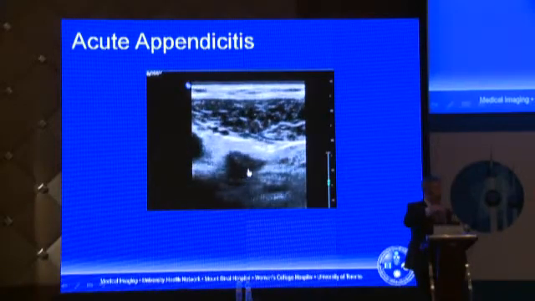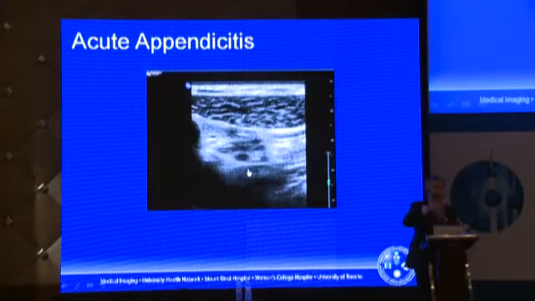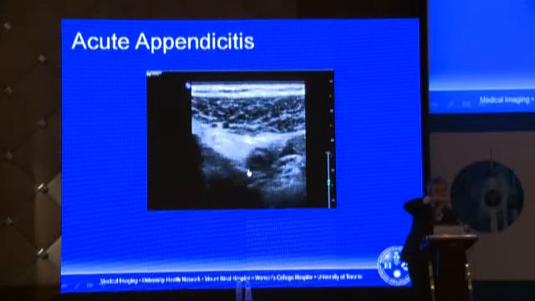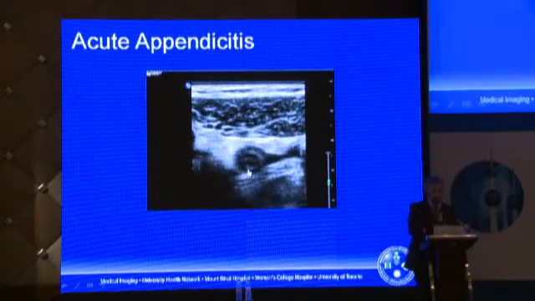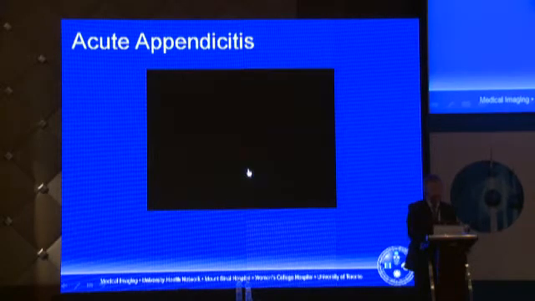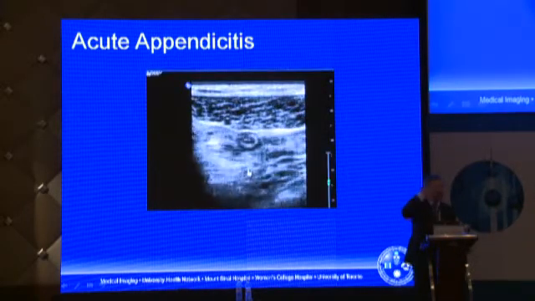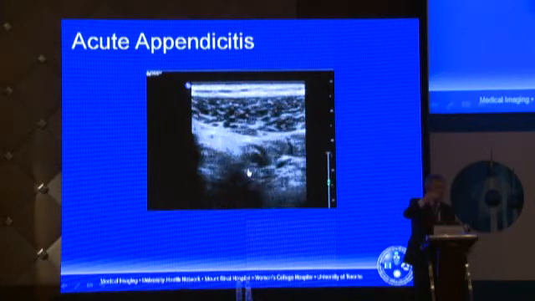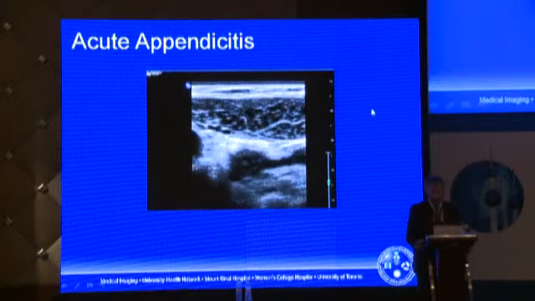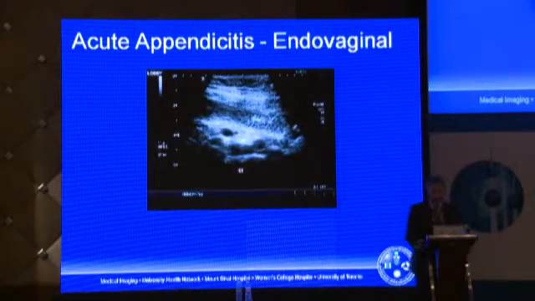Remember, we talked about inflamed fat being echogenic, non-compressible, tender. So that's inflammation of the mesoappendix, and this patient also has some free fluid. And importantly, again, we're scanning the appendix in transverse all the way to its tip. You can confidently make a diagnosis of acute appendicitis.